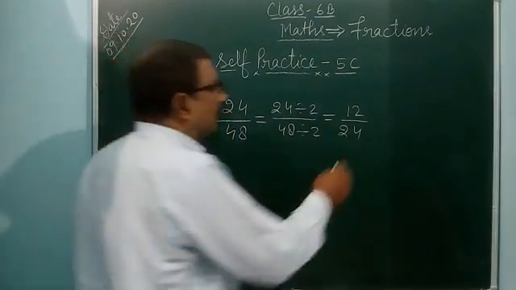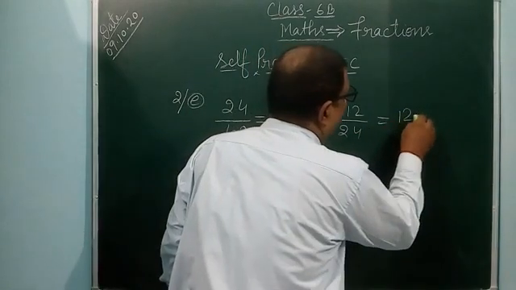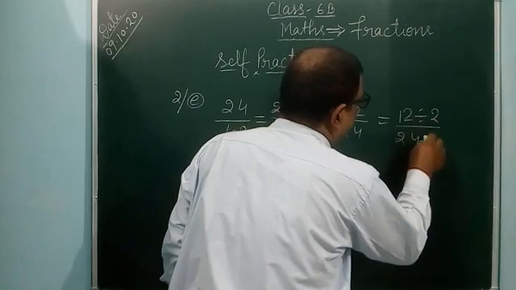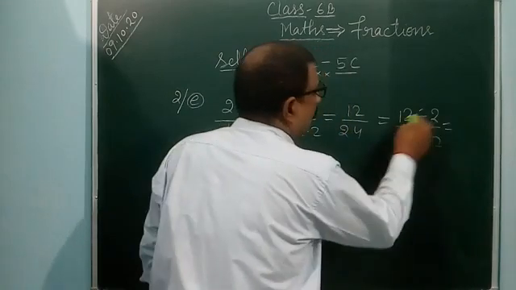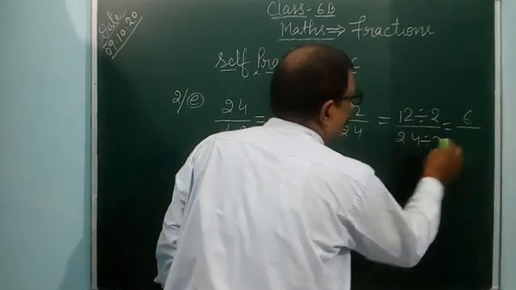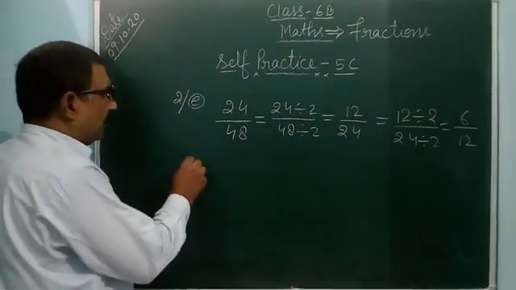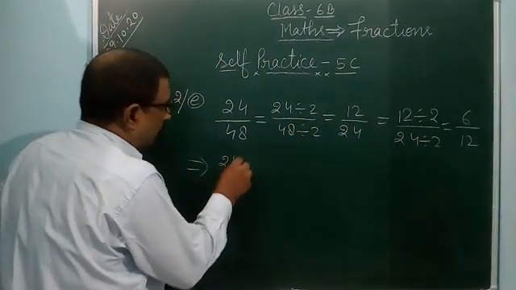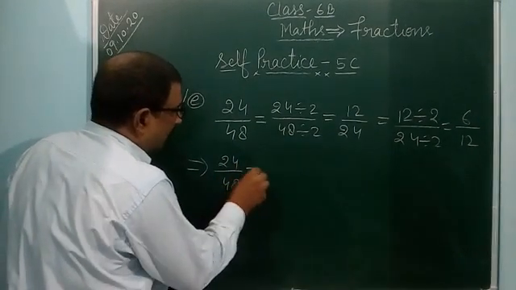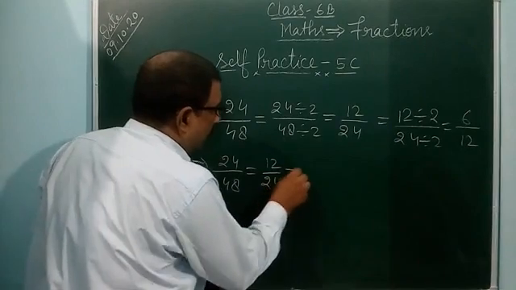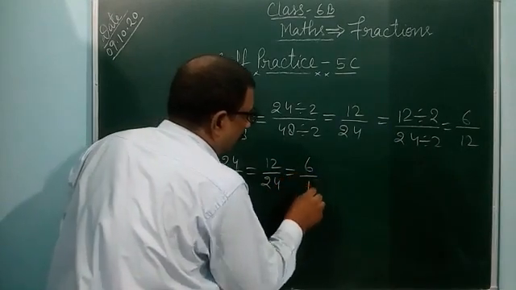Again you can divide 12 by 2 and 24 by 2. You get 2 sixes are 12 and 2 12s are 24, so 6 by 12. In this way 24 by 48 is equal to 12 by 24, which is equal to 6 by 12.